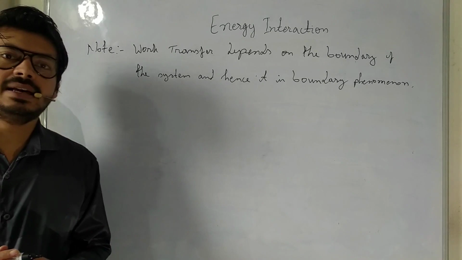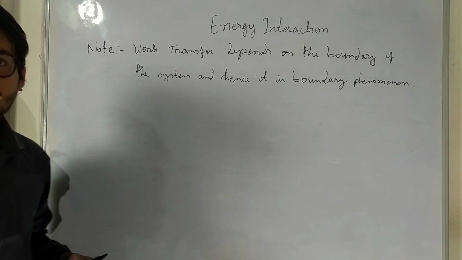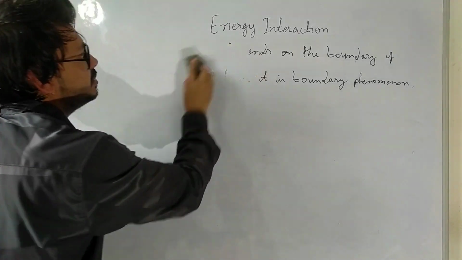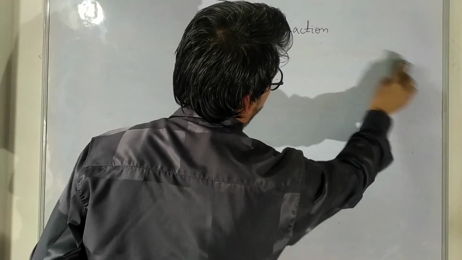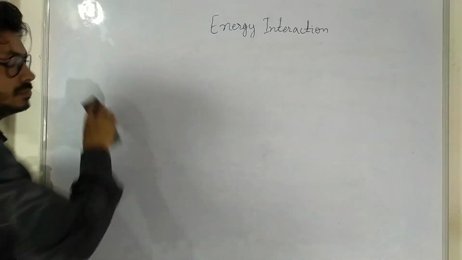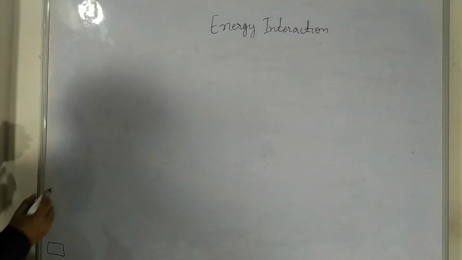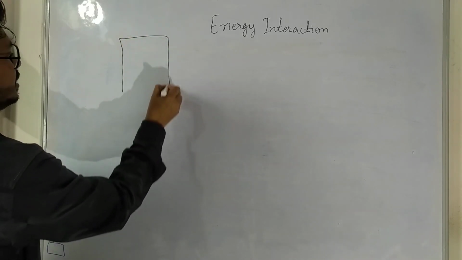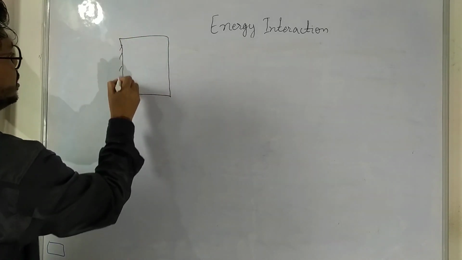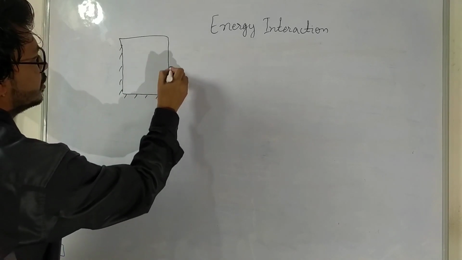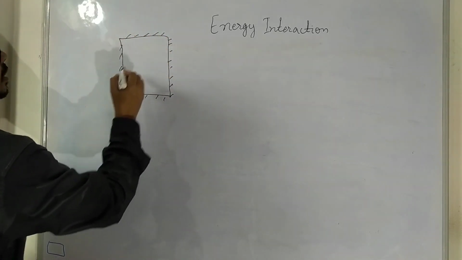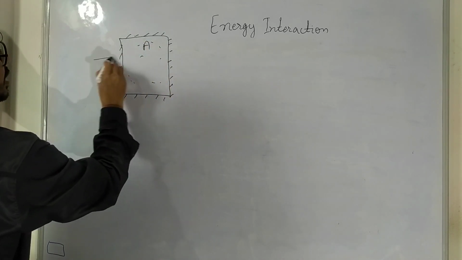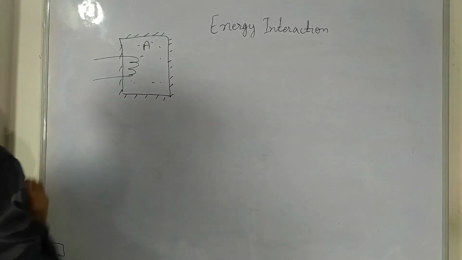Now we will deal with some examples related to work transfer. These are some of the examples which also come in different examinations, in competition examinations as well as in semester examinations. See, let us consider one beaker or container which is insulated, and inside it gas A is there, and this is our electrical heater.